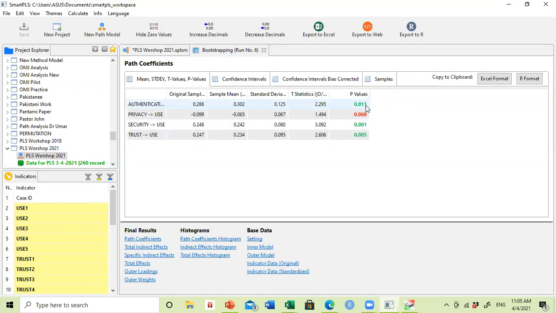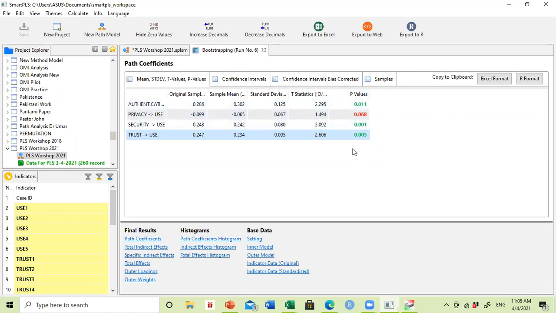The third one, security, is significant at 1% because it's greater than 2.5. Also, this one is greater than 2.5. That's why it's significant at 1%.